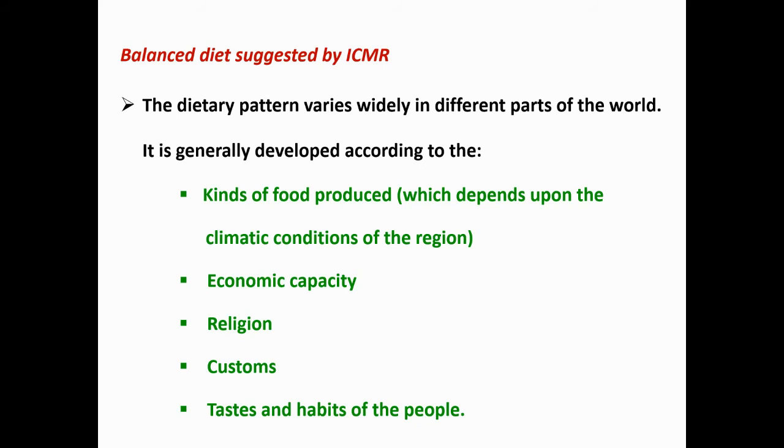In the case of religion, each religion has separate diet plans. For example, at Ramzan time, most of our Muslim friends will be fasting, so their diet plan will change. Customs are the same, as are the taste and habits of the people.